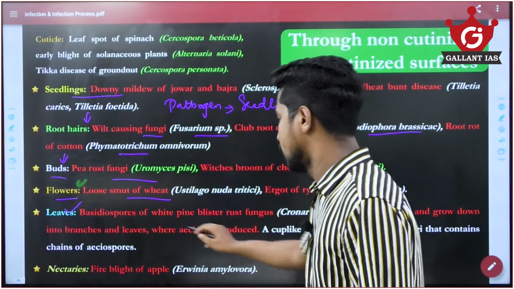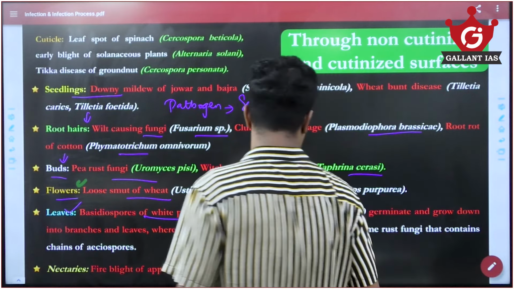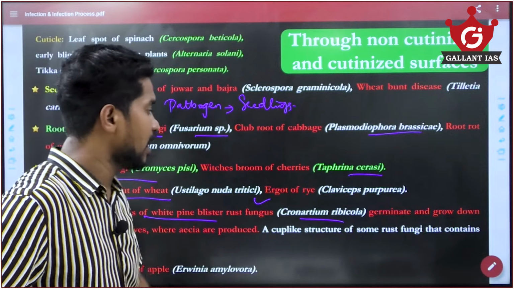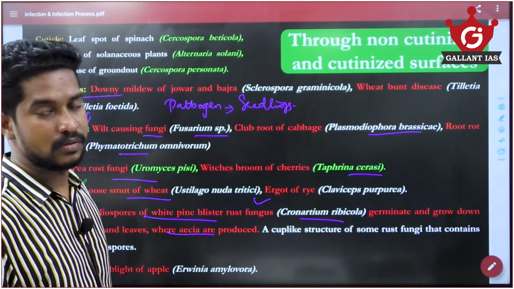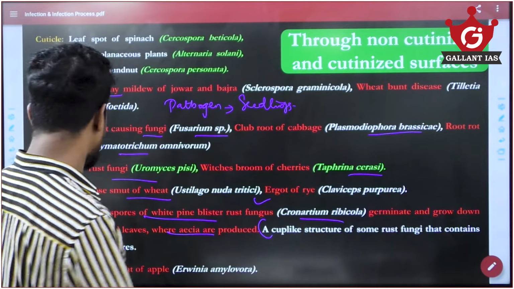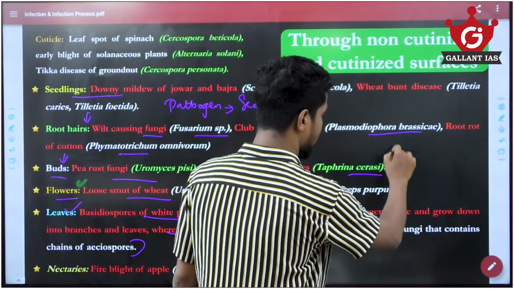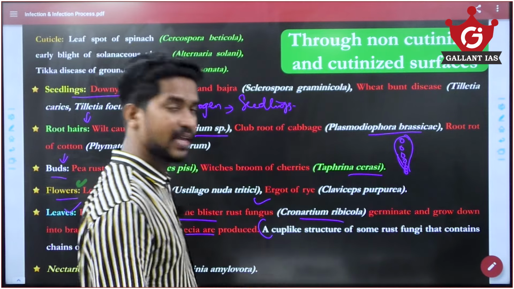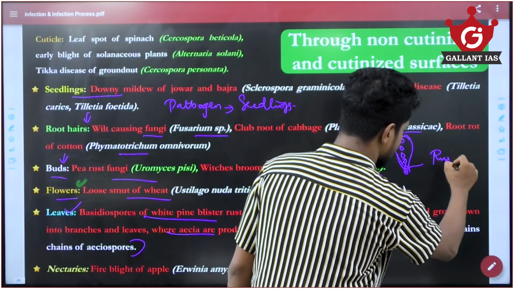Leaves: basidiospores of the white pine blister rust fungus, Cronartium ribicola, germinate and grow down into branches and leaves where aecia are produced. What do we mean by aecia? Aecia are the cup-like structures of some rust fungi that contain a chain of aeciospores.